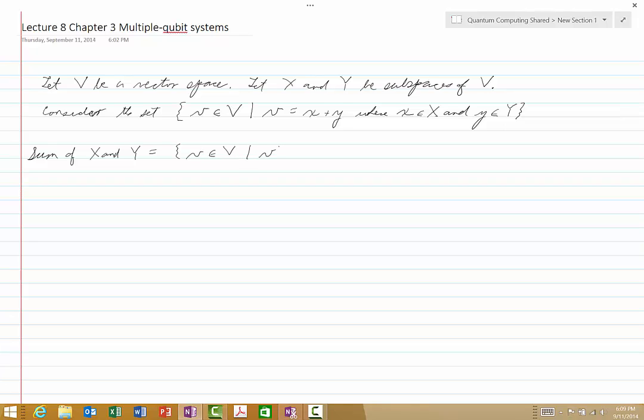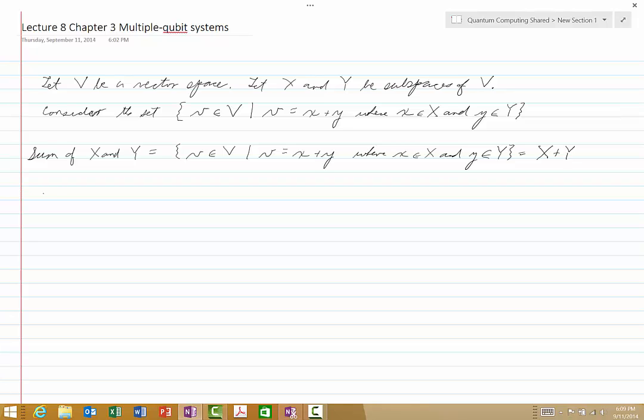It's the set of all vectors in V such that v can be written as x plus y, where little x is an element of X, and little y is an element of Y. And by the way, that is written as X plus Y.